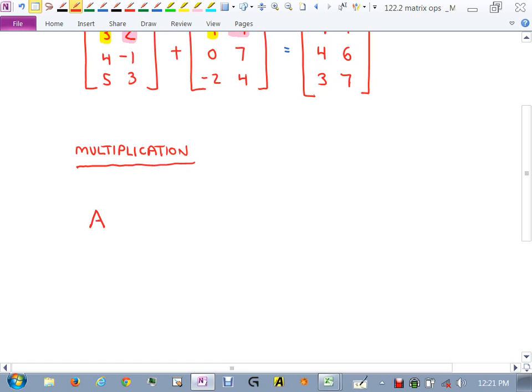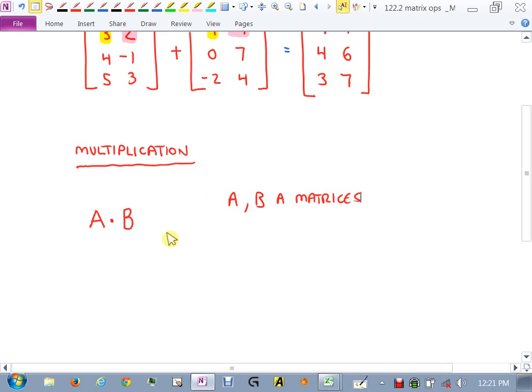So here's what we have to deal with in matrix multiplication. If I have a matrix, which I'll call A, and I want to multiply it with the matrix B, all right? Here A and B, capital A and capital B, are matrices. Notice my use of capital A and capital B. That is standard notation for matrices.